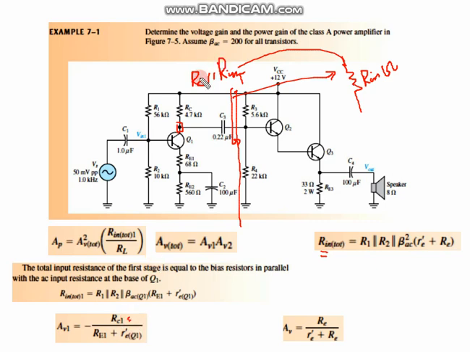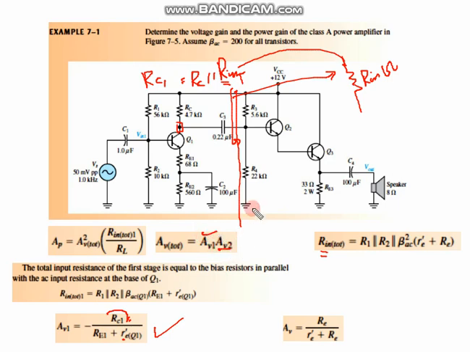RC is known, R in is known by this equation, and we can get this RC1. Then you put the value: RE1 is known, 68 ohms, RE prime of Q1 is known from the equation you calculated, so AV1 is known. This part is done.